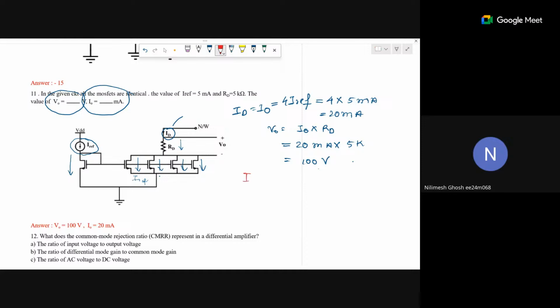Now please tell me what is the current through a MOSFET. Let's say this is ID in saturation region. What is the current expression?